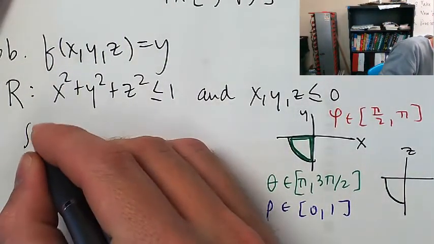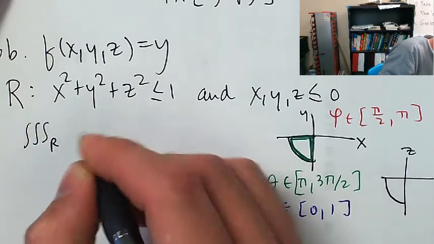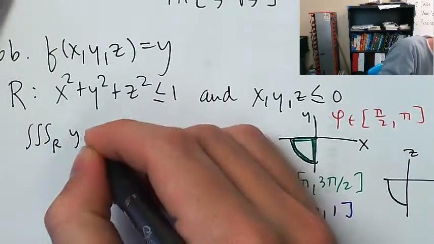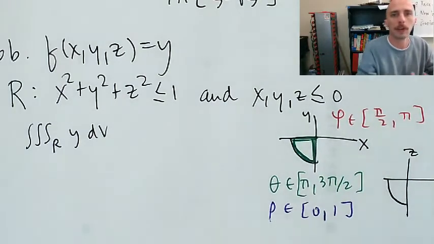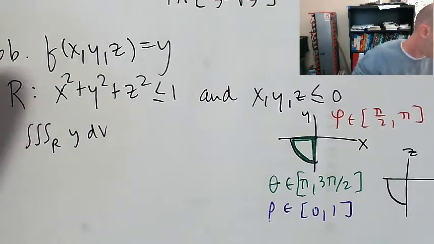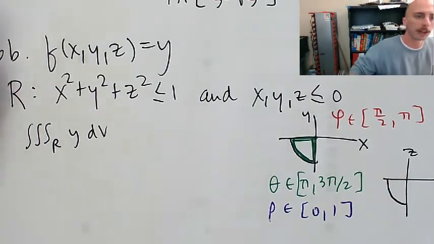So we're triple integrating y dv over this region. I need to know the conversion factor for y into spherical coordinates. That's rho sine theta sine phi.